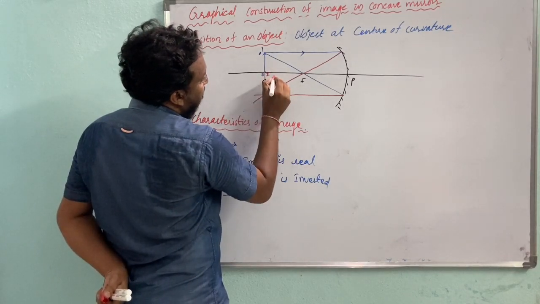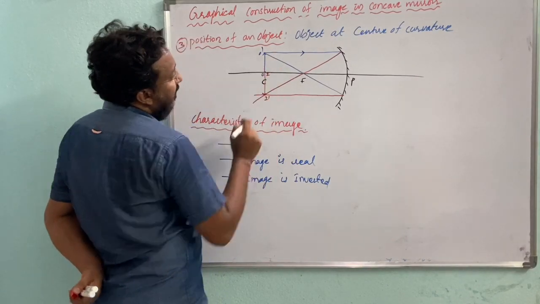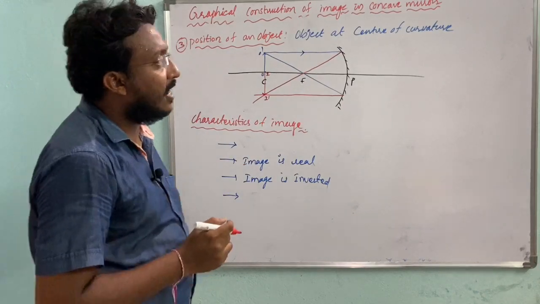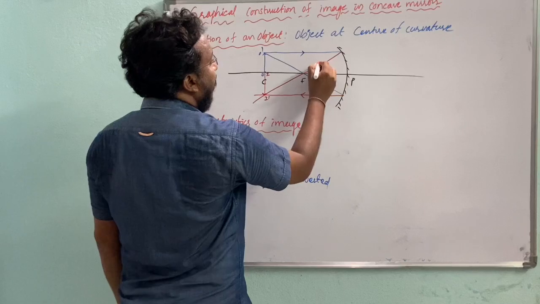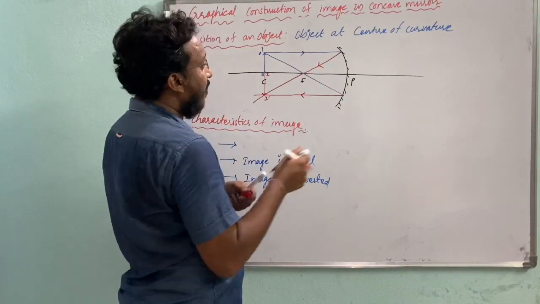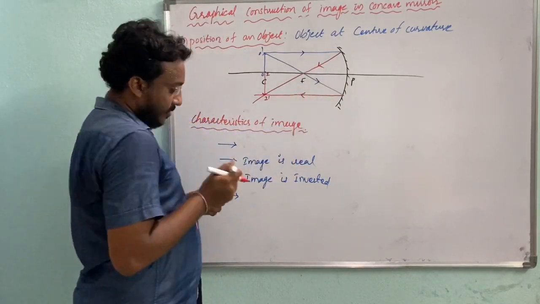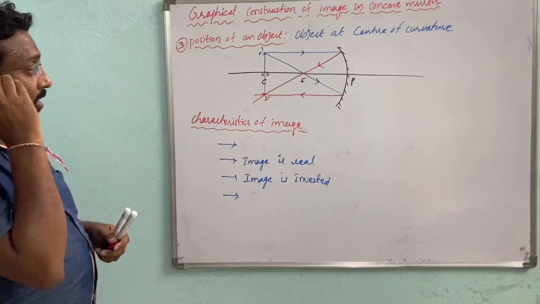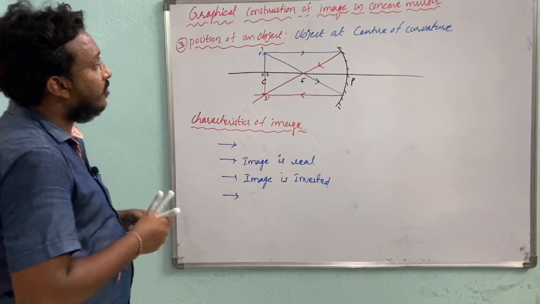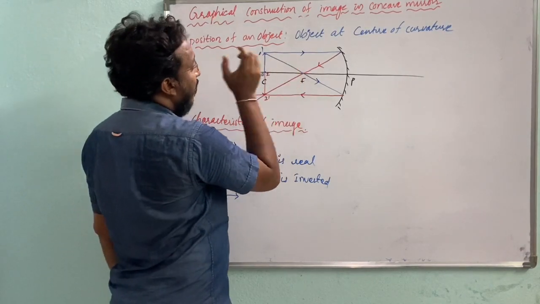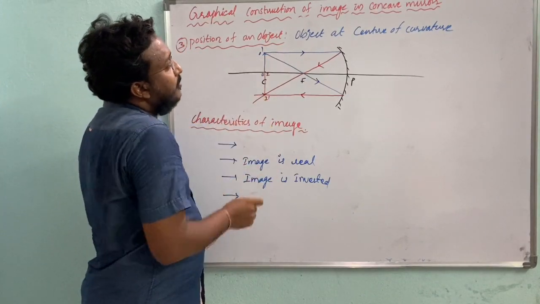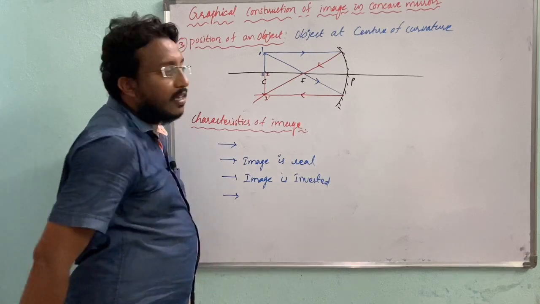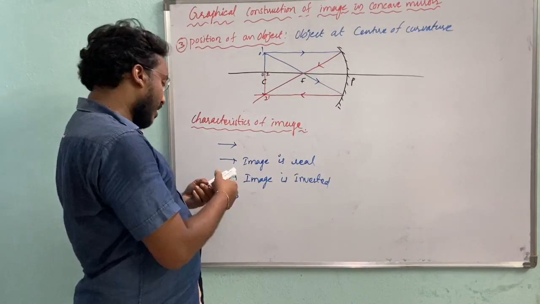It shows the image. The blue color one is the object, the red color one indicates the image. Okay, these are reflected rays and incident rays. Get it? Very easy to draw or not? I have followed in this case also only two rays. One is parallel to the principal axis, second one passes through the focus.